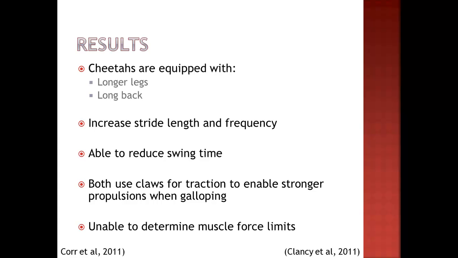Now, with increasing speed, cheetahs also increase their stride frequency along with their stride length, unlike greyhounds, which only increase their stride length with increasing speed, and that again results in a faster overall speed for the cheetahs. The researchers did note a similarity between the two species, and that was that they both use their claws for purposes of traction and propulsion.